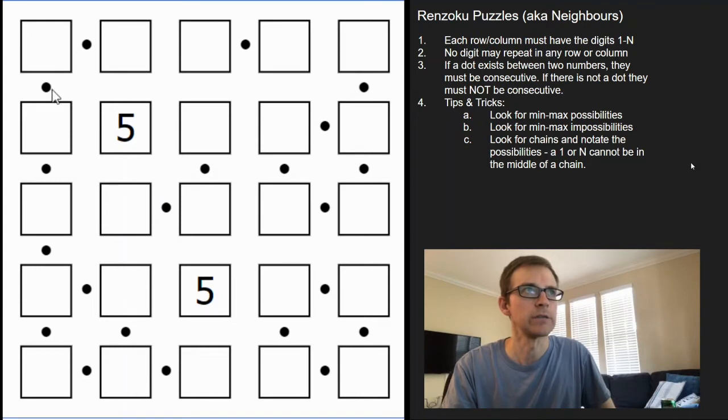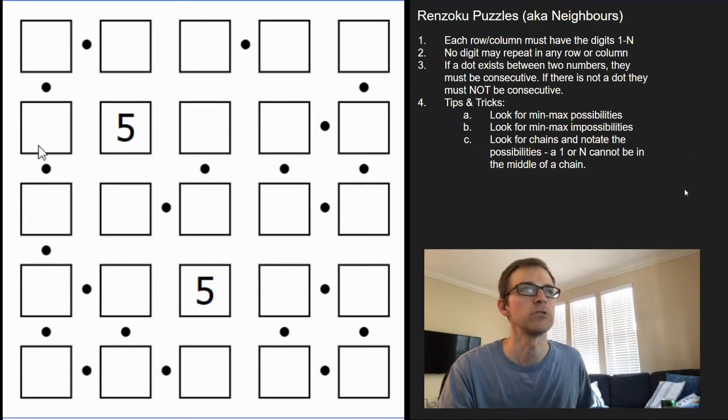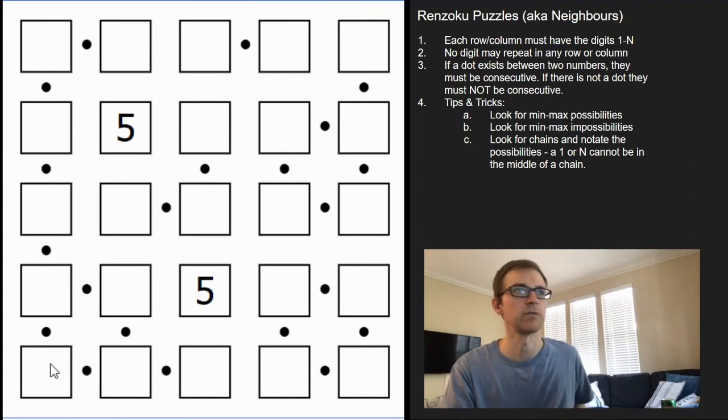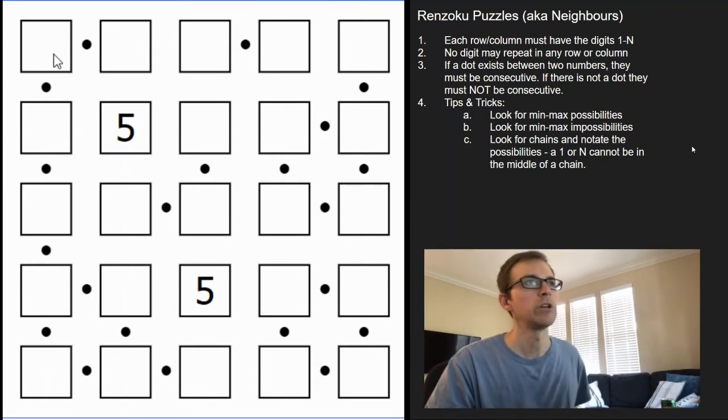So what's nice is here, this is where I would probably start because it's a nice long chain. So you know this is going to be 1, 2, 3, 4, 5 in one direction, either going down or up, because you wouldn't be able to do like 1, 2, 5, 4, 3. You can't have them mixed because all of these have to be in consecutive order. So we know that this here must be either the 1 or 5, and this here must be the 1 or 5, right?